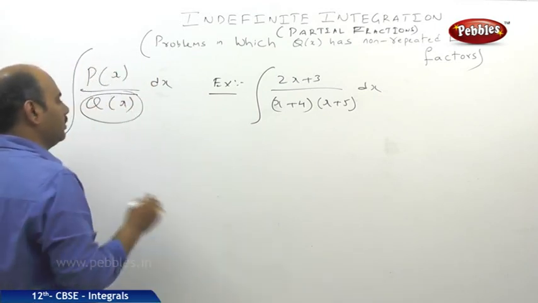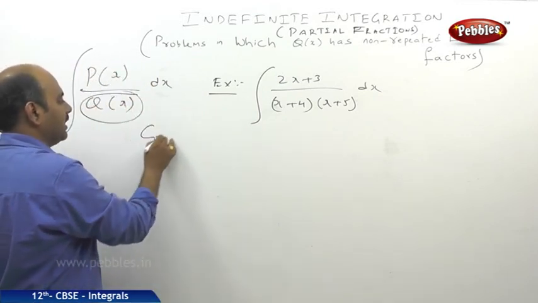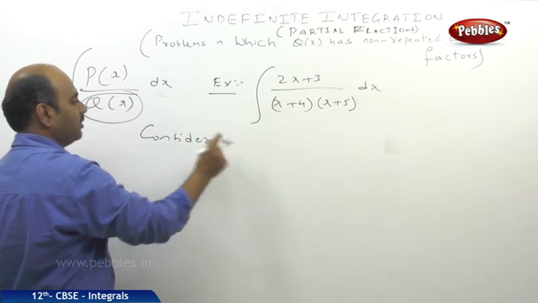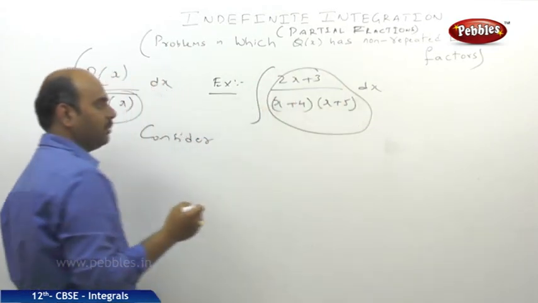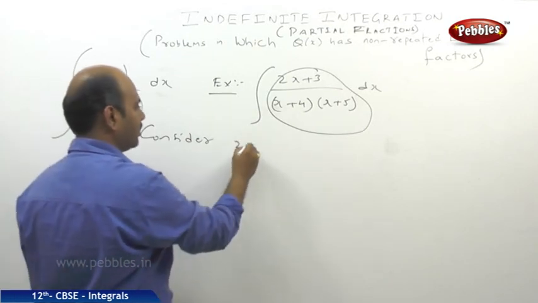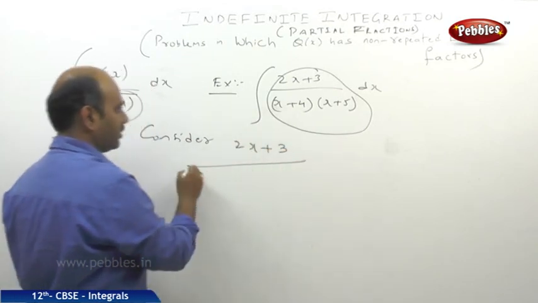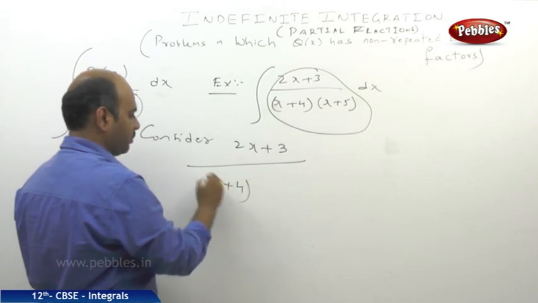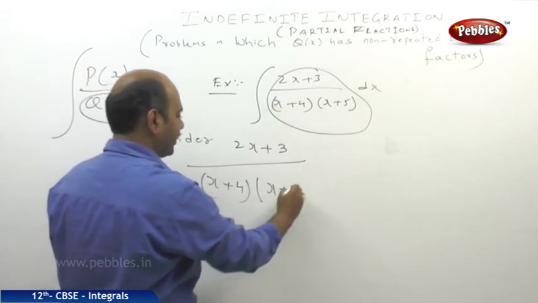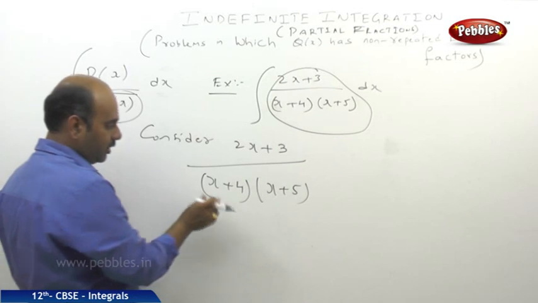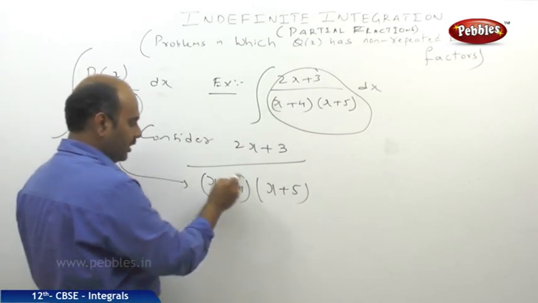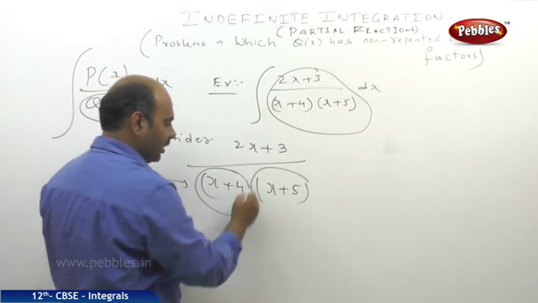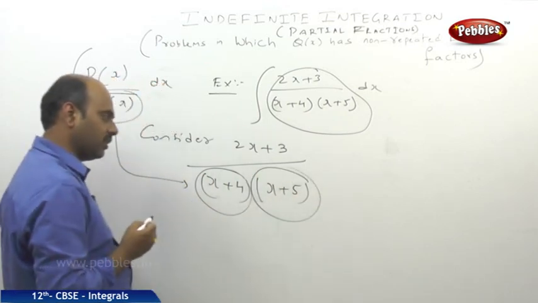For this, I will consider our given function: 2x plus 3 divided by x plus 4 into x plus 5. Here, if you observe carefully, this is our q of x, and this is one linear factor and this is another linear factor.